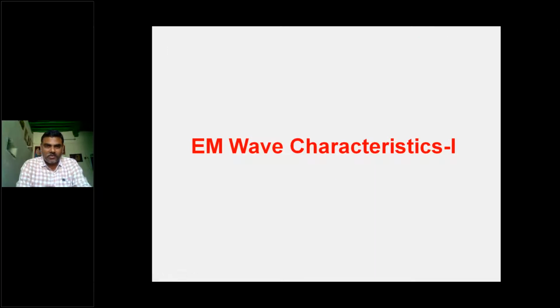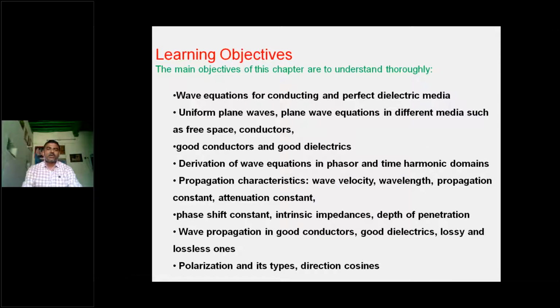Within EM wave characteristics 1, we have to see the wave equations for conducting and perfect dielectric media, what is meant by a uniform plane wave, and the corresponding plane wave equations in perfect dielectric or free space media and conducting media, and specifically the specialization to good conductors and good dielectrics.